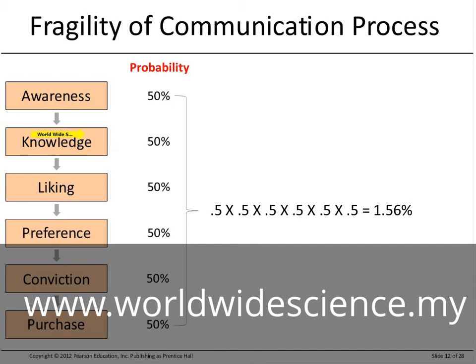So it means you must be very, very careful, because finally after the size of the customers drops and decreases, you will have just 1.56% of your people. You must do something about these steps and increase the number of customers in each step.